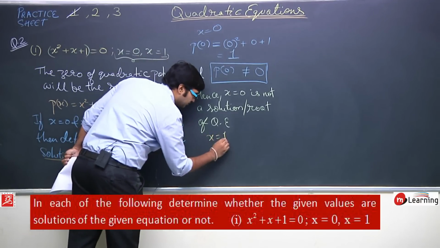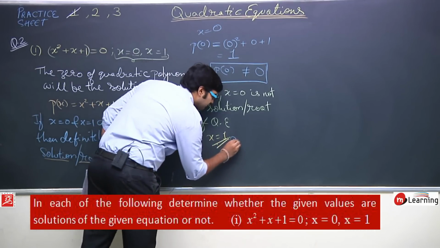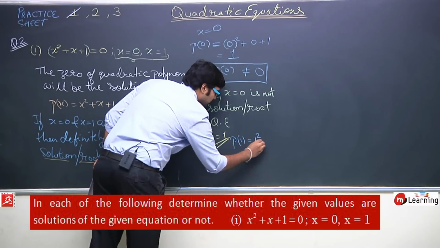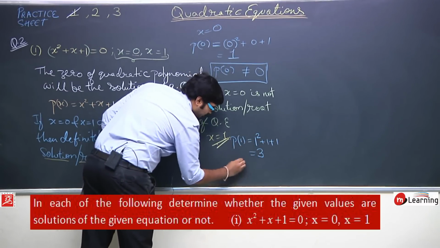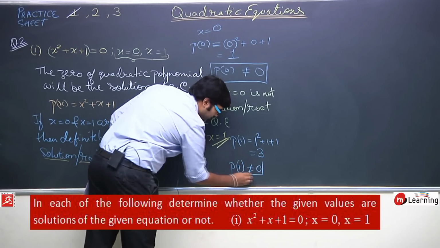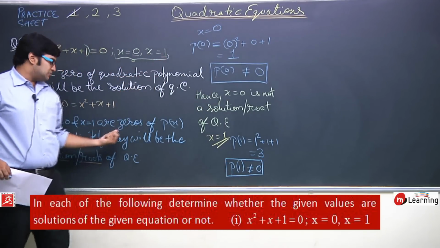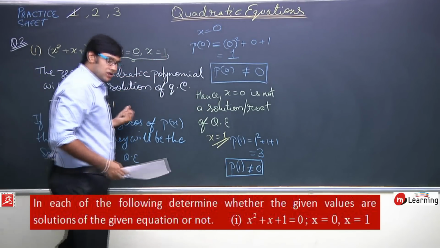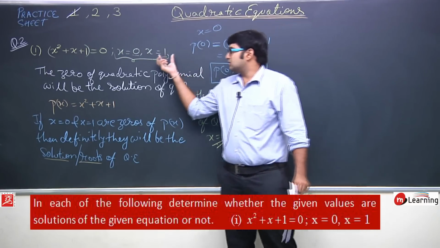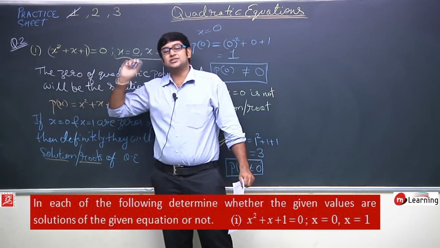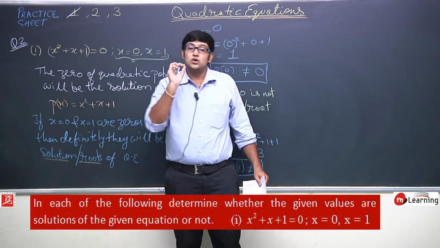So when x is equals to 1, p of 1 will be equals to 1 square plus 1 plus 1, which is equals to 3, and definitely p of 1 is not equal to 0. इसका मतलब x is equals to 1 भी इस पॉलिनोमियल का 0 नहीं है, और अगर x is equals to 1 इस पॉलिनोमियल का 0 नहीं है, it means x is equals to 1 इस क्वाड्रेटिक इक्वेशन का सॉल्यूशन नहीं है. x is equals to 1 इस क्वाड्रेटिक इक्वेशन का रूट नहीं है.